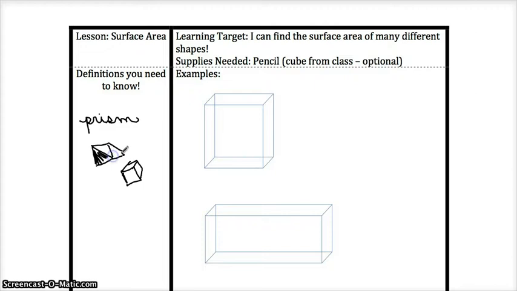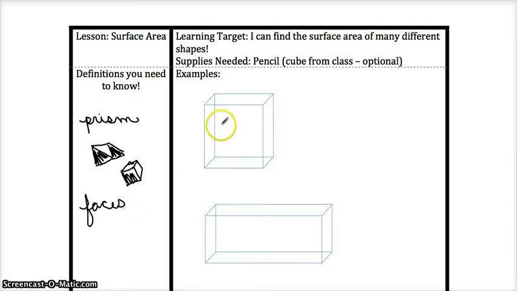And I know on this triangle one you can't see the other side, but there would be two triangles that are the same. This cube would have two sets of sides that are the same. And when I say sides, the proper term for them are faces.